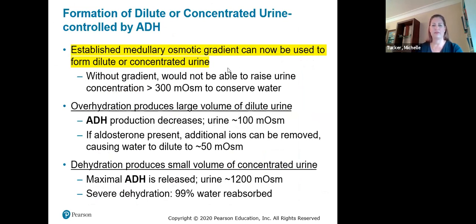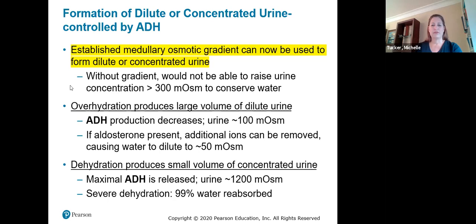We've established the osmotic gradient, and that can now be used to form dilute or concentrated urine. Without the gradient, we would not be able to raise urine concentration above 300 milliosmol.